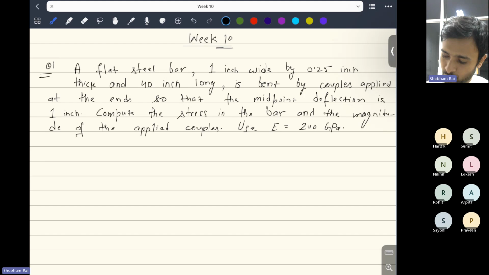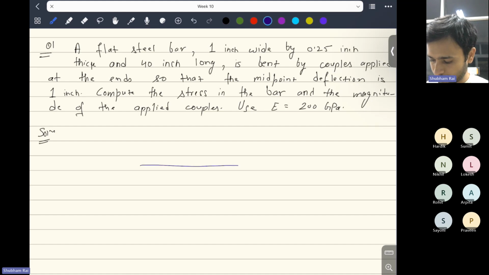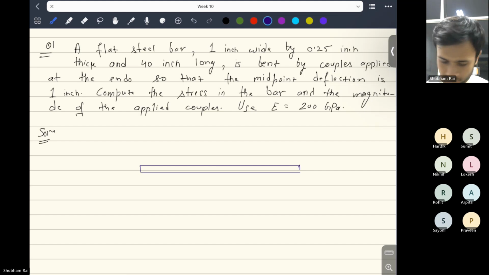So we will use theory of pure bending here. Let me start the solution. If I draw the bar, it will look something like this. Let's say this is the center about which it is bending.